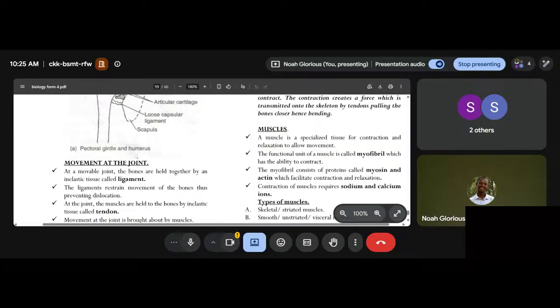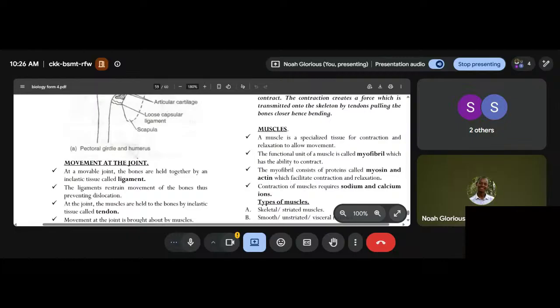That's very correct. Any other difference that maybe you have been able to identify? That's what I can remember.